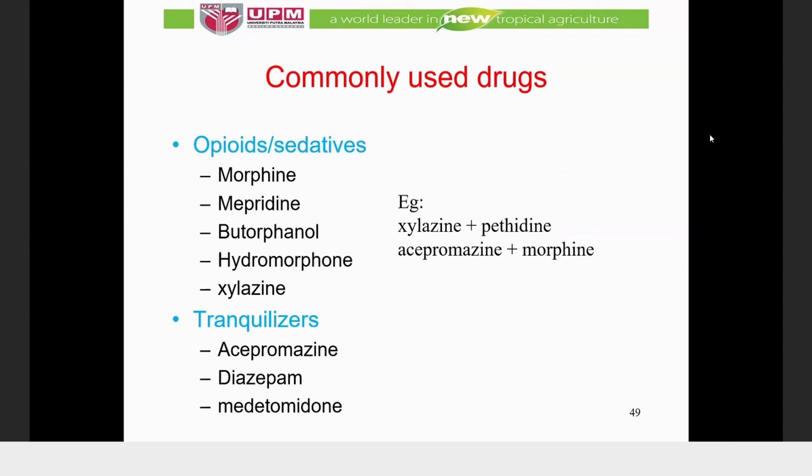These are other commonly used drugs: morphine, meperidine, butorphanol, hydromorphone, xylazine, and tranquilizers such as acepromazine, diazepam, and medetomidine. Examples: xylazine with pethidine, or acepromazine and morphine. That's how you can combine the drugs.